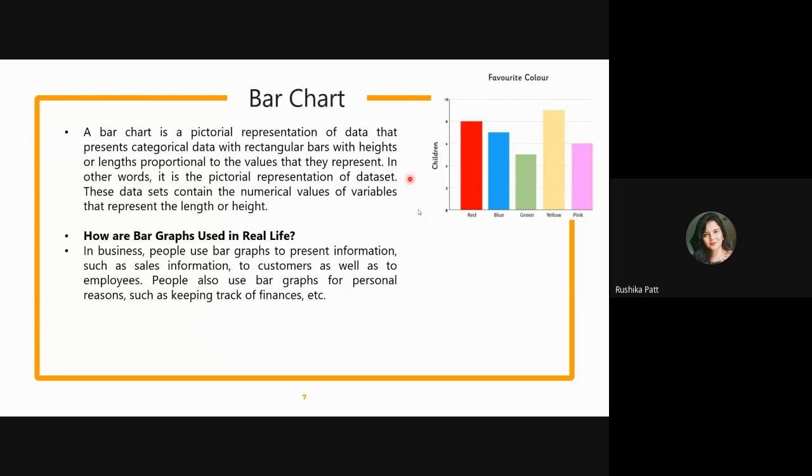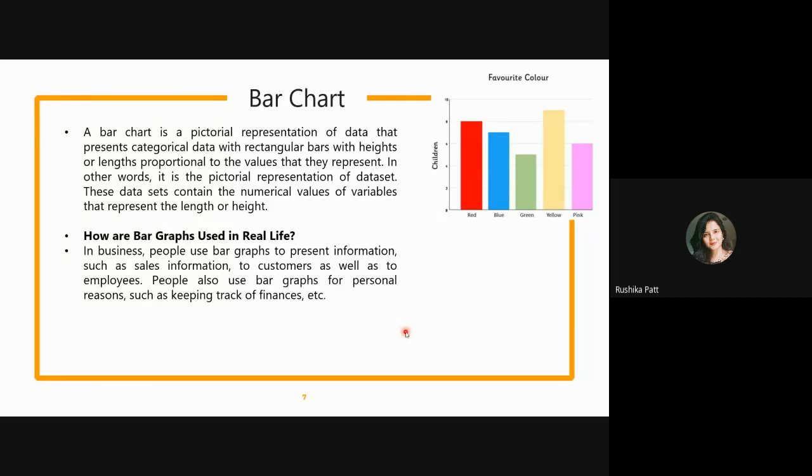This is a very normal example: favorite color of children. We can say that eight children like red color, so there is one bar for red. Seven children like blue, five green, and so on.